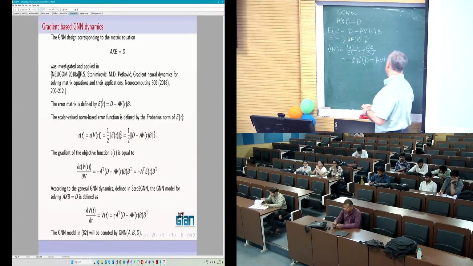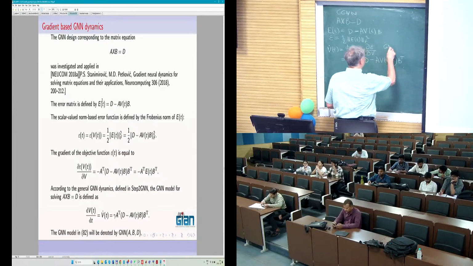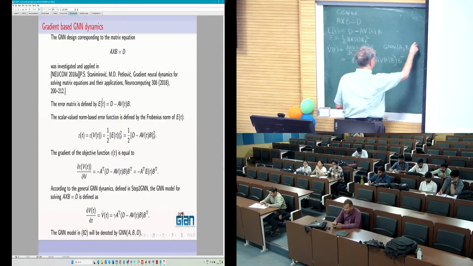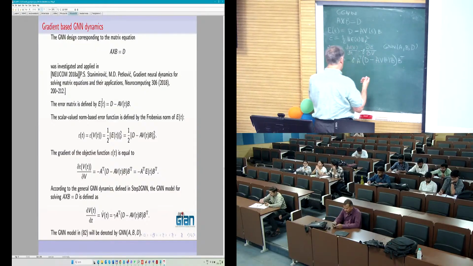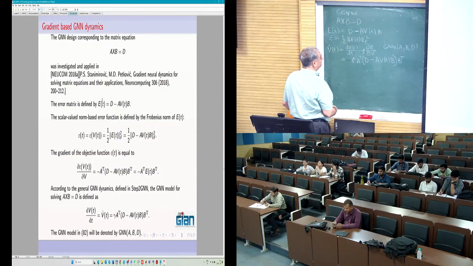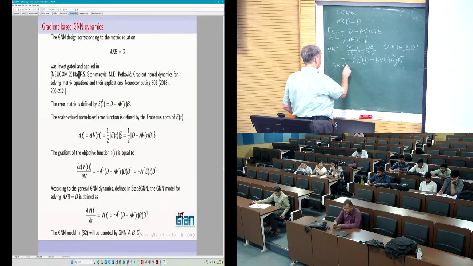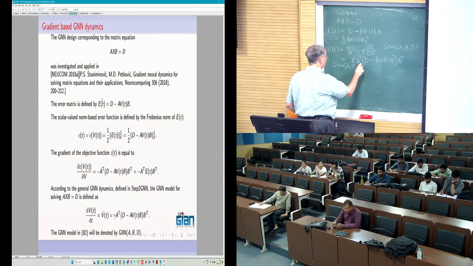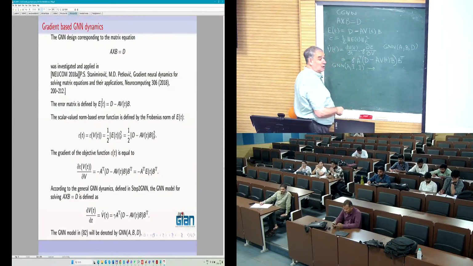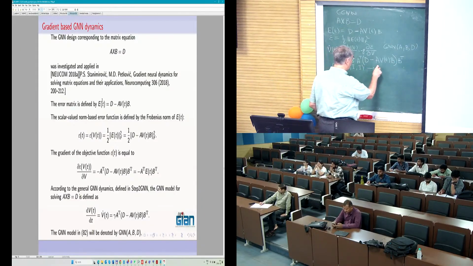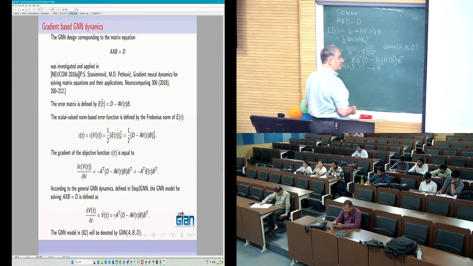It is the original GNN model. We call this model GNN of ABD. Generality is one advantage of this model. GNN of A, I leads to the GNN model for computing the matrix inverse.